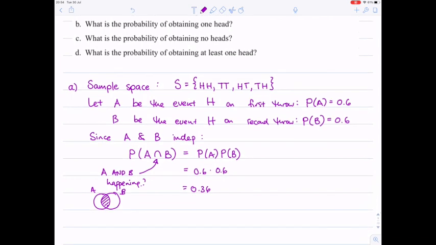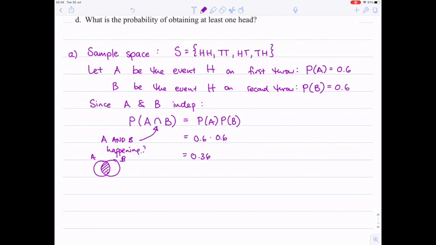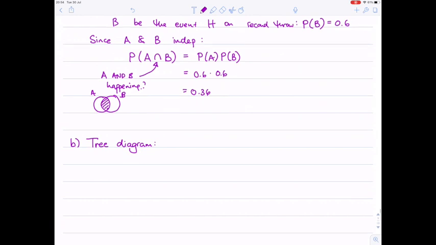Okay, let's have a look at what is the probability of obtaining one head. Well, let's sketch a tree diagram. So we throw the coin once, and we have a probability of 0.6 that that's going to come up heads, and 0.4 that we're going to get tails.